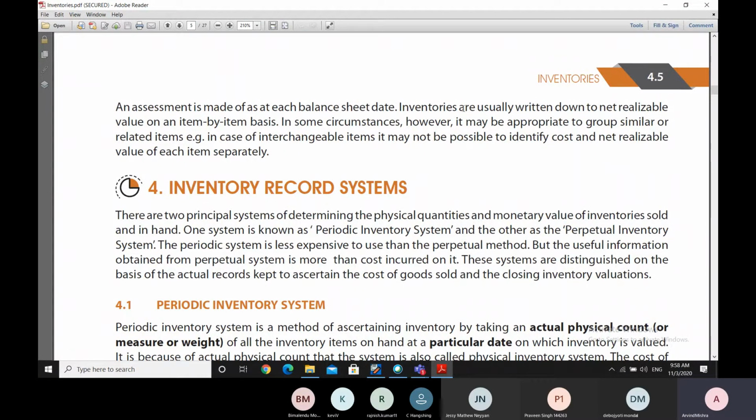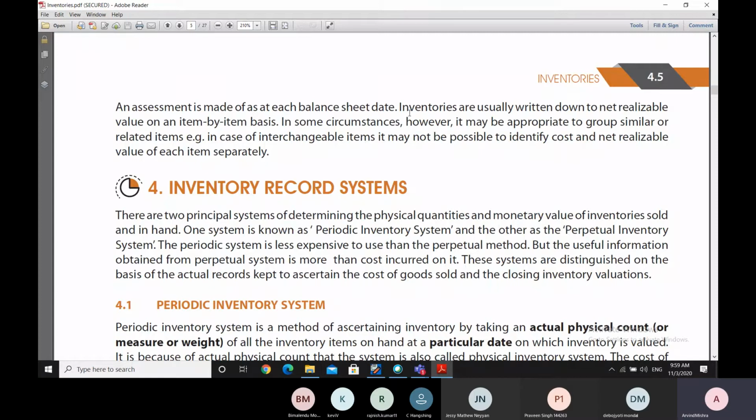So what we do is that inventories are usually written down to the net realizable value on an item by item basis. Written down to the net realizable value means written down to the net realizable value for the balance sheet date on an item by item basis.